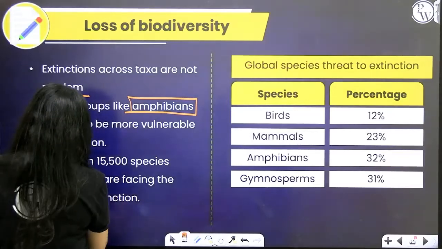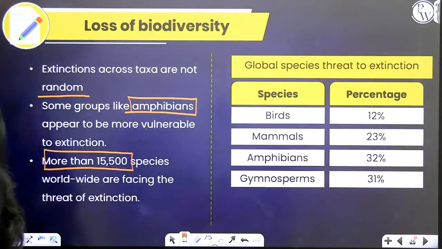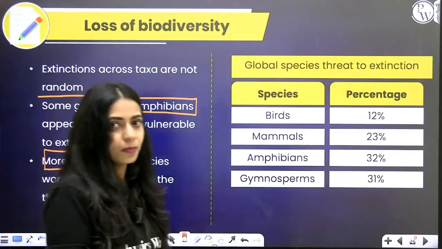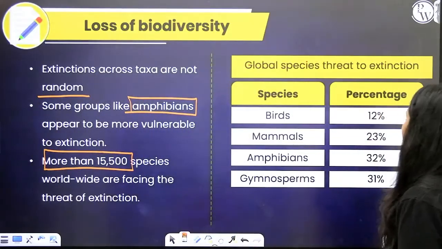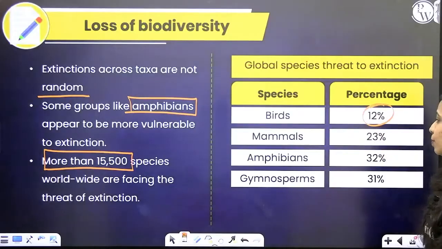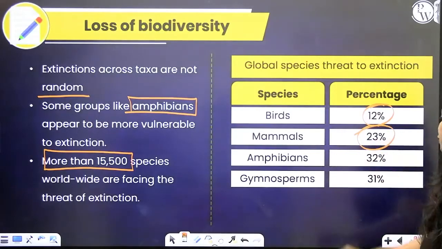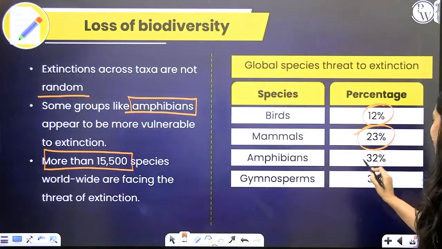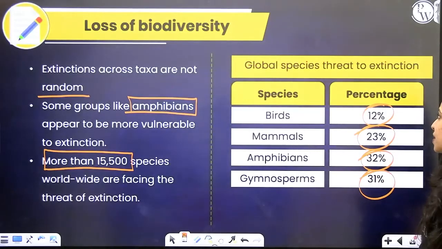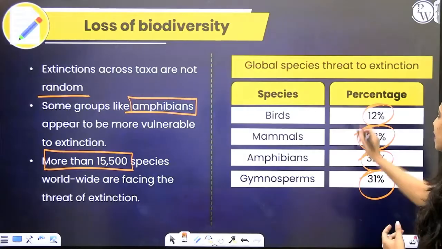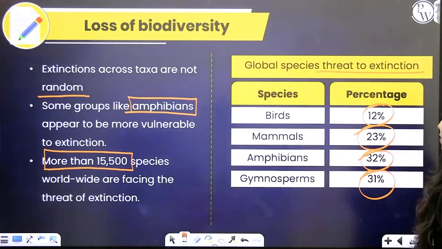Currently, more than 15,500 species of organisms are facing the threat of extinction. 12% of all birds, 23% of all mammals, 32% of all amphibians, 31% of all gymnosperms are currently facing the threat of extinction.